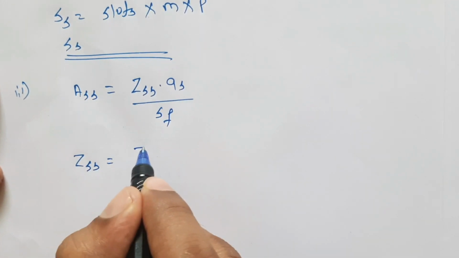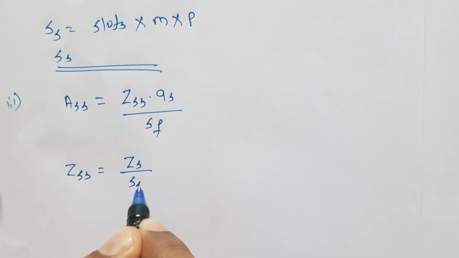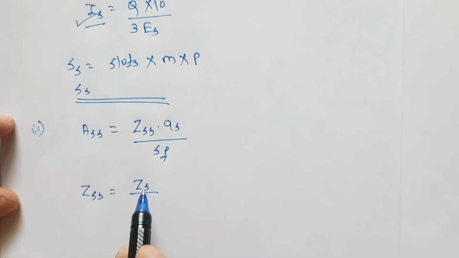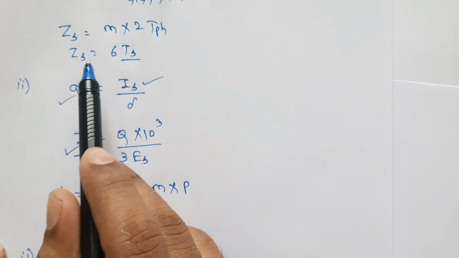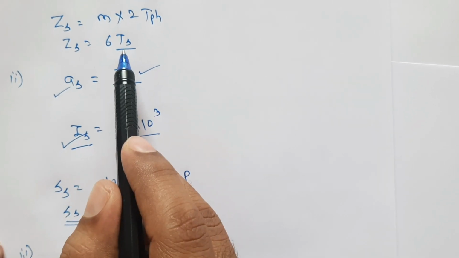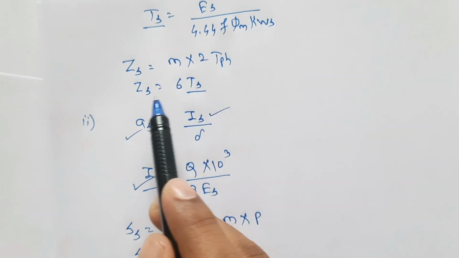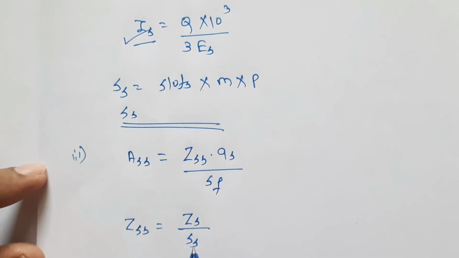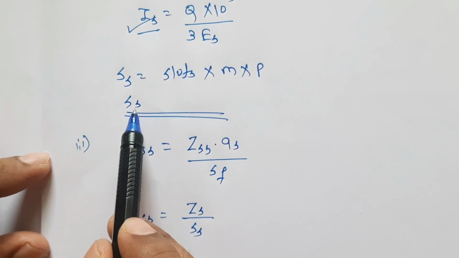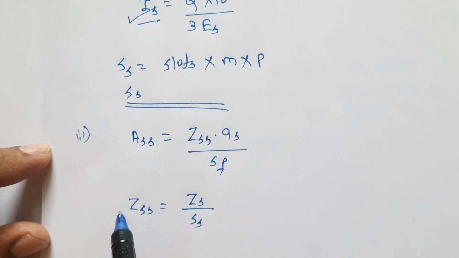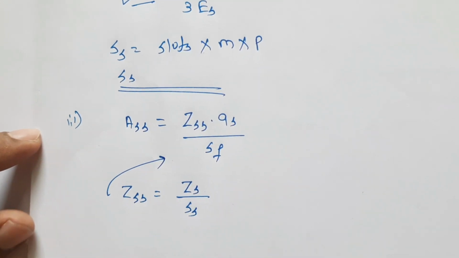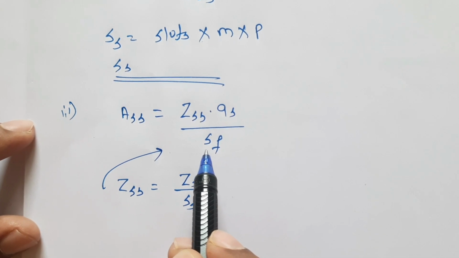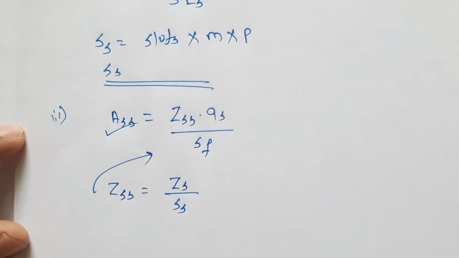ZSS can be found by using ZS divided by SS, total number of stator conductors divided by total number of stator slots. ZS is found by using this equation, ZS is equal to 6 TS, that is stator turns per phase. From this, we will get the value of ZS, and the number of stator slots, that is SS, is found by using the number of slots per pole per phase. Now put the values of ZS in this equation, that is ZSS, we know the value of AS divided by SF. In this way, we will find the area of the stator slot.